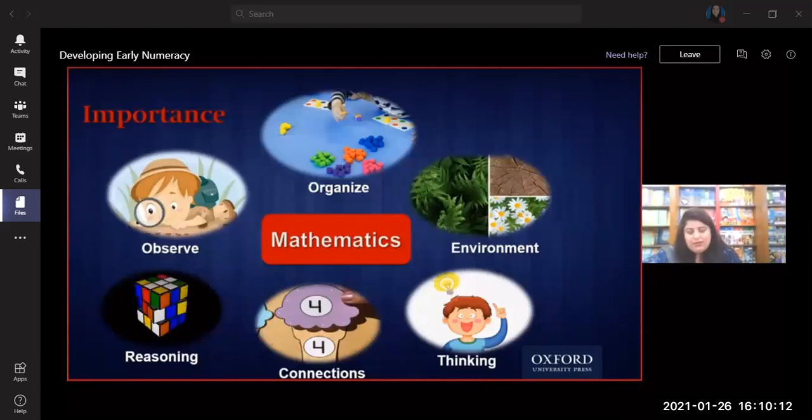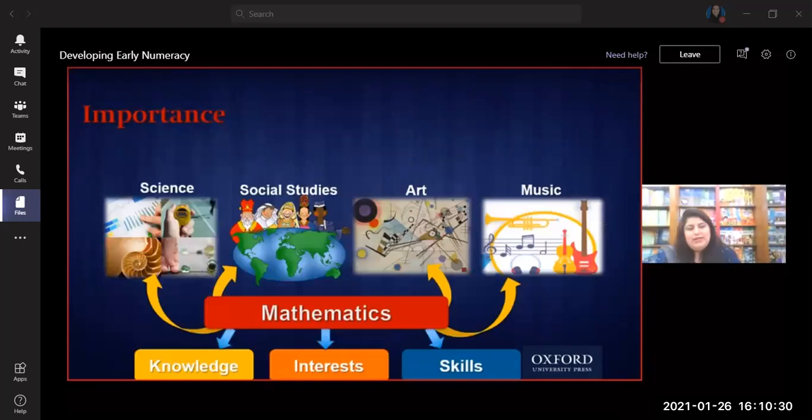Important tools are being taught through this, and children can use these to make sense of the world around them. They can relate to other curriculum areas such as science, social studies, arts, and music. So, these days, everything is interconnected.